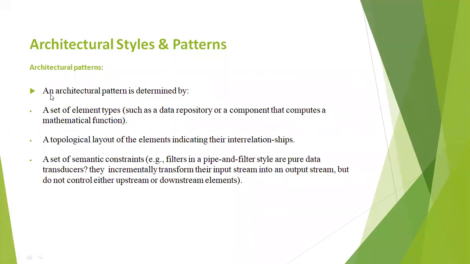First one, an architectural pattern is determined by a set of element types. A set of element types means the element which we have developed or designed is either a data repository part, or a component which may perform mathematical functions. So what is an element here?